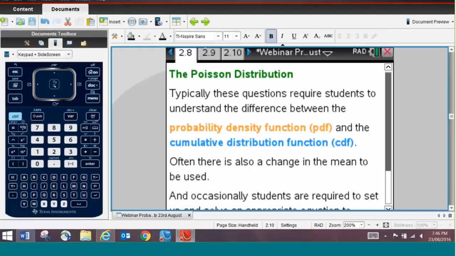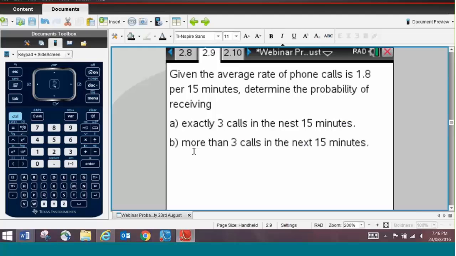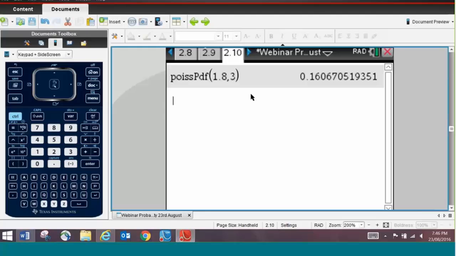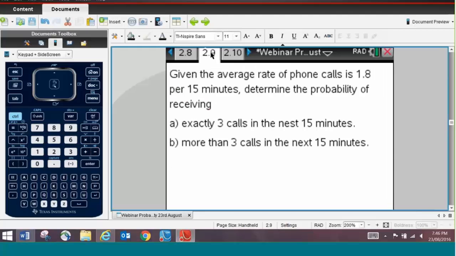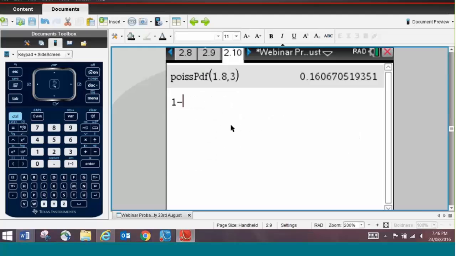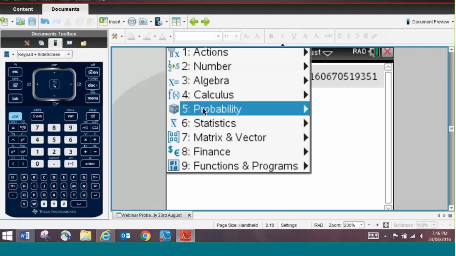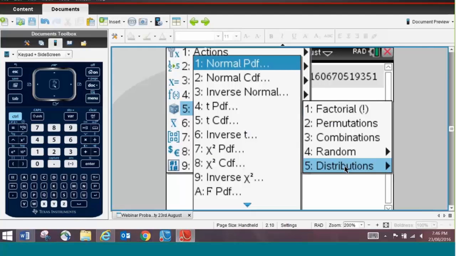The other, the next one was more than 3 calls in the next 15 minutes. Well, with all of the distributions, they all do up to and including, but they don't do greater than. So it's something to keep in mind. So if we want more than, then we actually want 1 minus the probability of x less than or equal to 3. So we can put in the Poisson CDF, which is in the same menu, probability distribution.